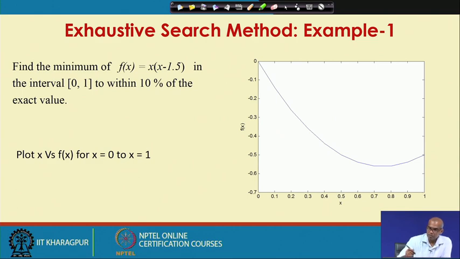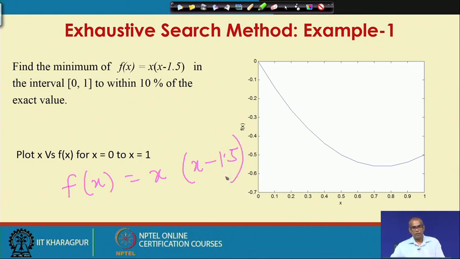So, the function is f of x equal to x into x minus 1.5. Although it is not required, it will help us if I plot this function and see how the function looks like.